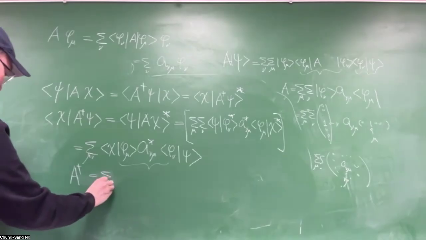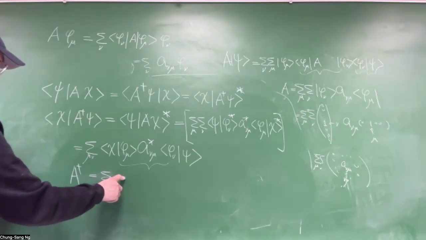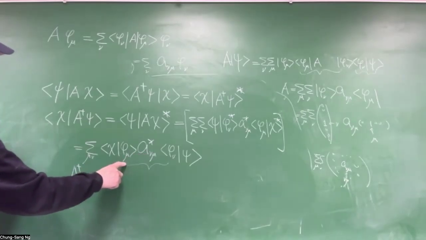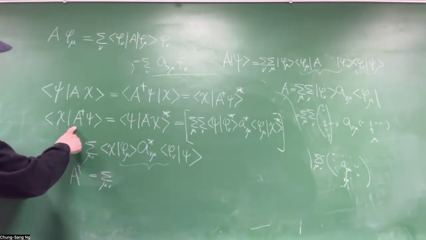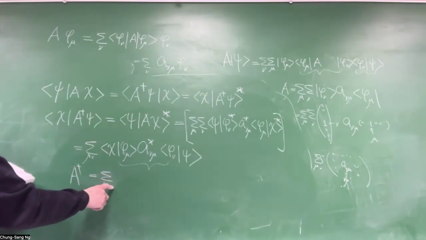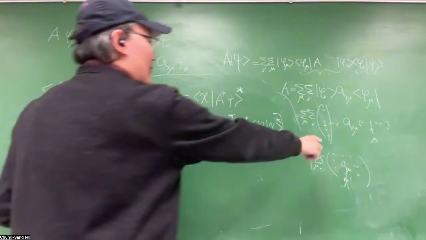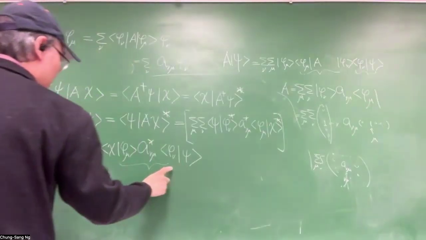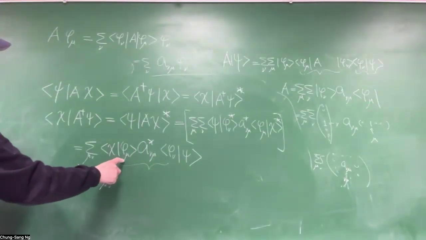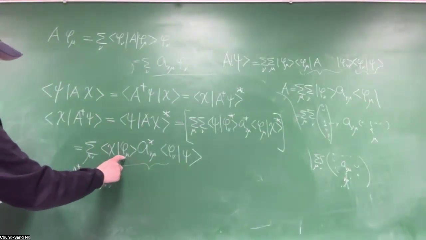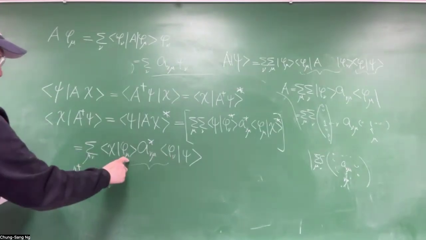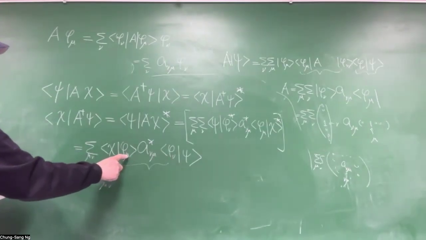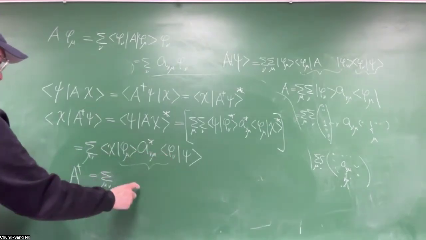To compare with the original one, you want nu here and mu here. Basically, in this case, you just interchange mu and nu, because these are just dummy variables. You can call mu your nu, and nu your mu.